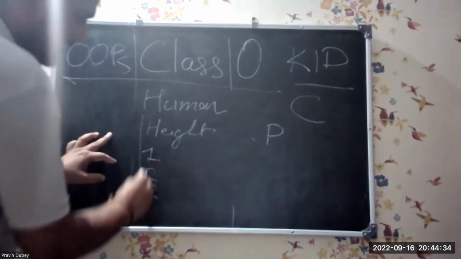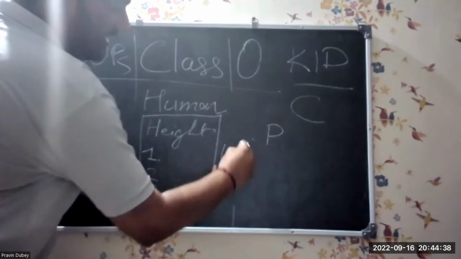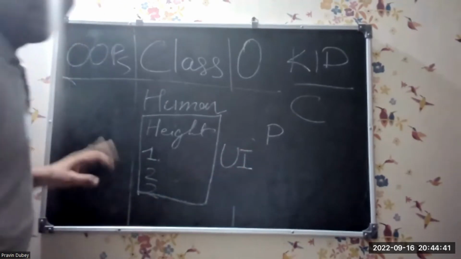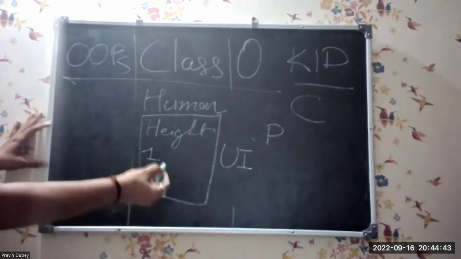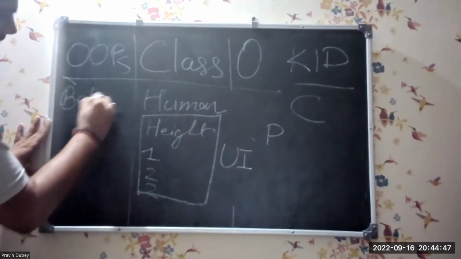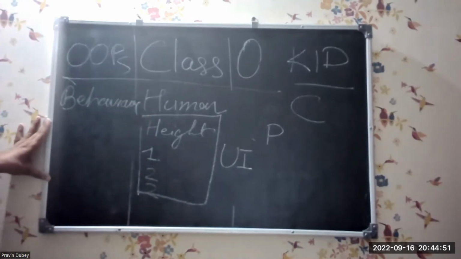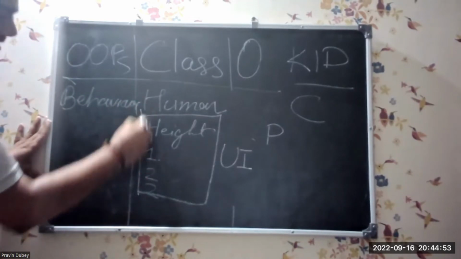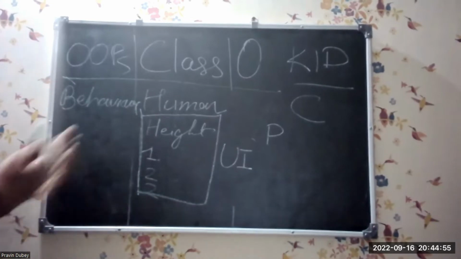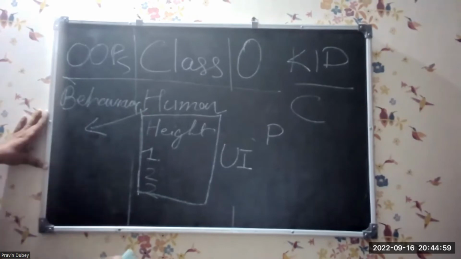But this defines the UI of human, or you can say how it looks. But there is other aspect of human, which is behavior. So these are the things which define how it will look. But there are certain things which define how it will behave.